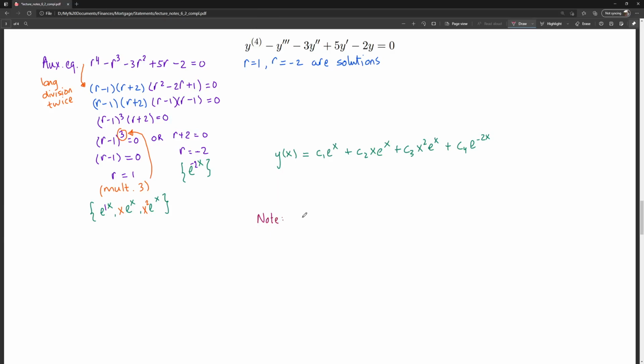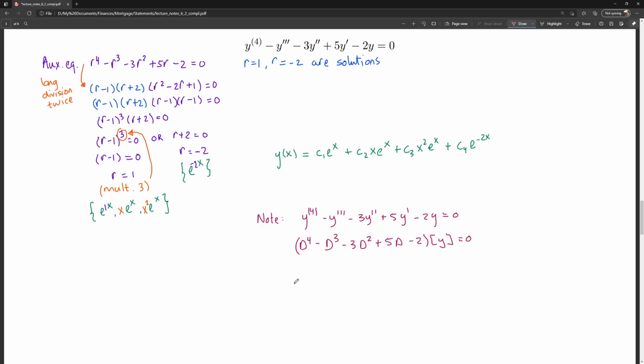If we write the fourth derivative of y minus y triple prime minus 3y double prime plus 5y prime minus 2y equals 0 in operator notation, we get D to the power 4 minus D cubed minus 3D squared plus 5D minus 2 acting on y equals 0.